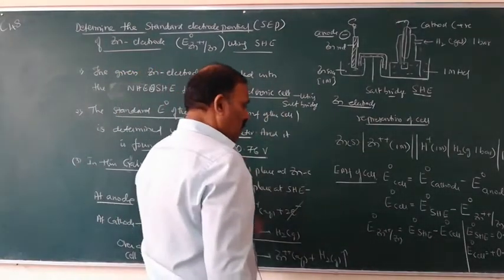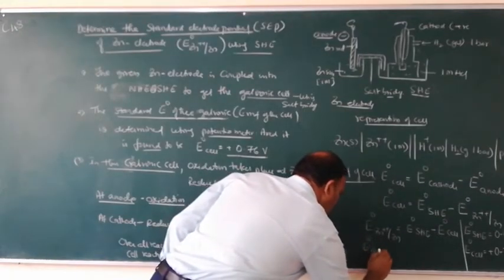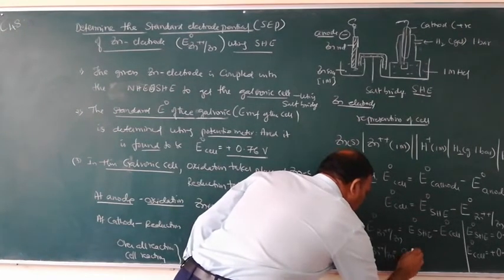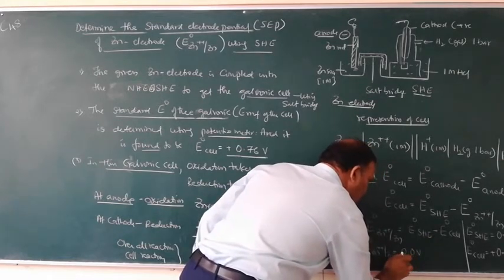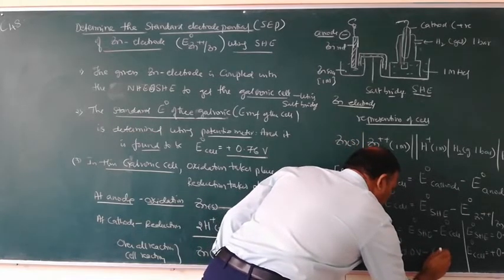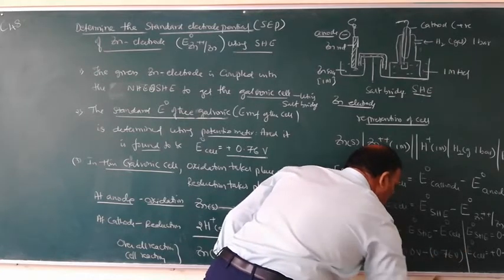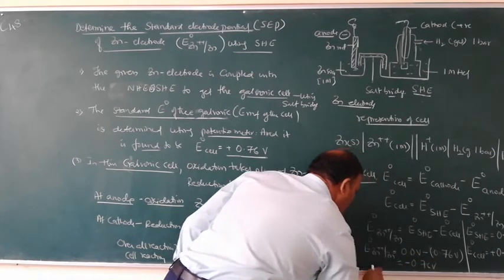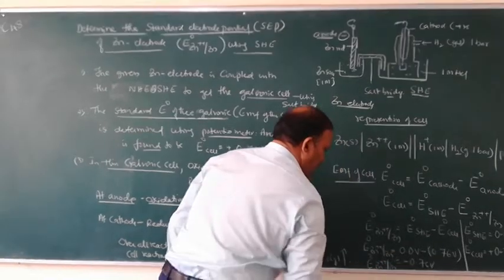So substituting in this equation, E0 of Zn2+|Zn is equal to 0.0 volt, the standard electrode potential of SHE, minus 0.76 volts. So that equals minus 0.76 volts, that is E0 of Zn2+|Zn.